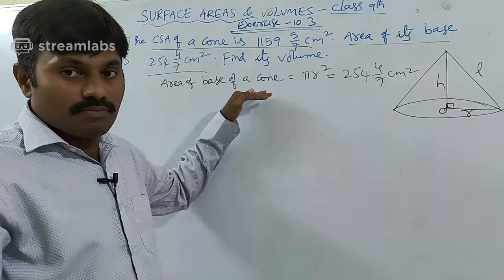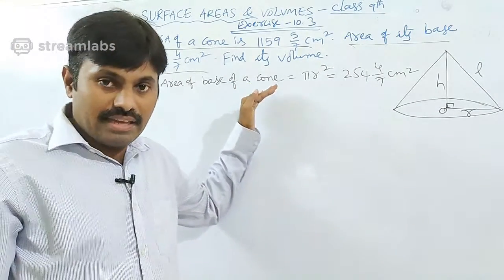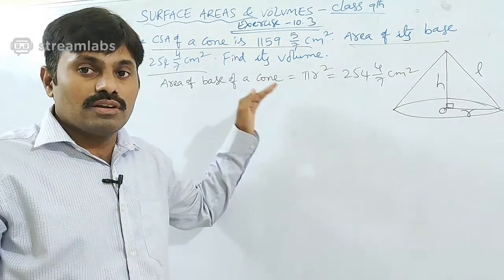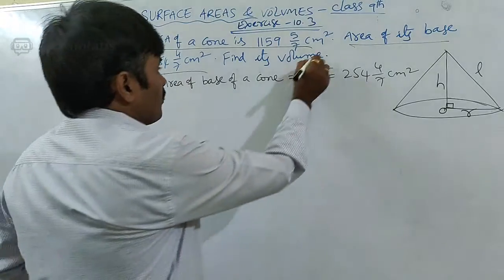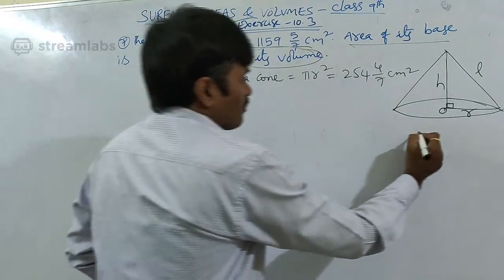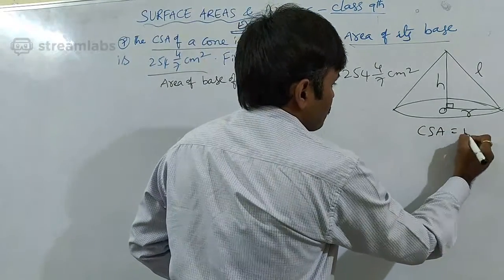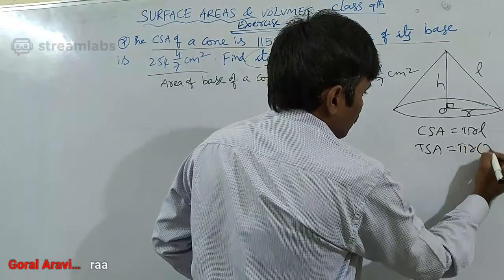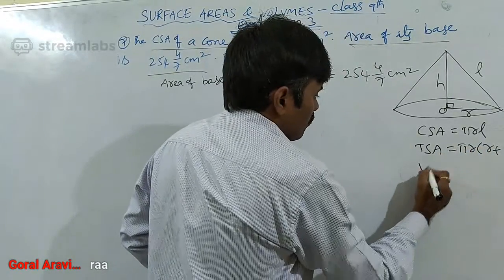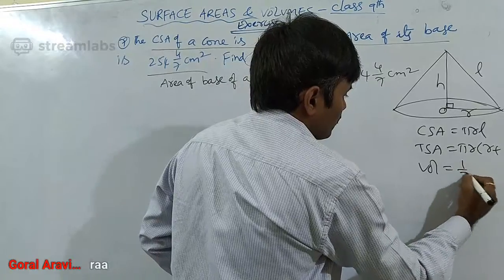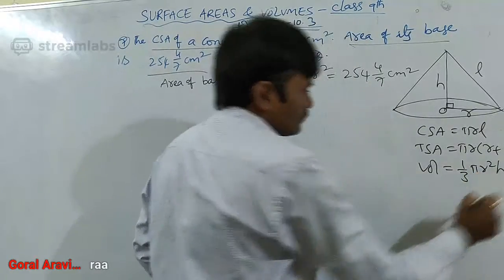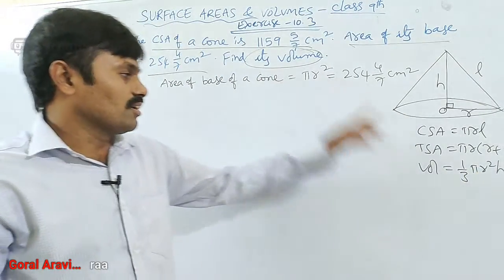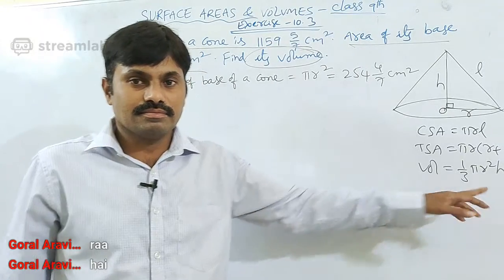To find the volume, the CSA formula is pi r l, the TSA formula is pi r of r plus l, and the volume of the cone is 1 by 3 pi r square h.